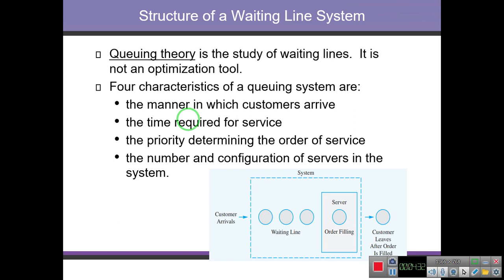Maximizing this, minimizing that. We're not really going to do that in this case. What we're going to do is analyze the system, and look at the characteristics of the system and figure out whether or not they're acceptable. It doesn't mean that we are going to design the perfect system. No, we're just going to figure out whether or not it's working, quotation, if it's within what is permissible.